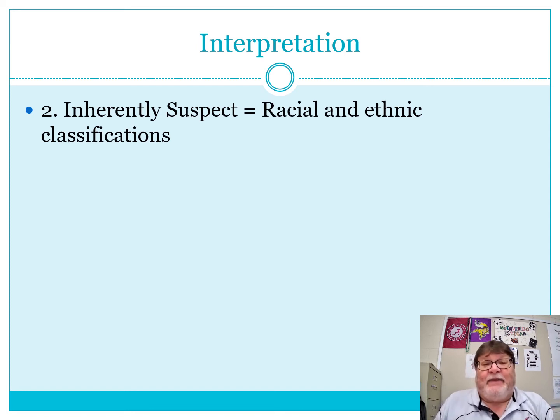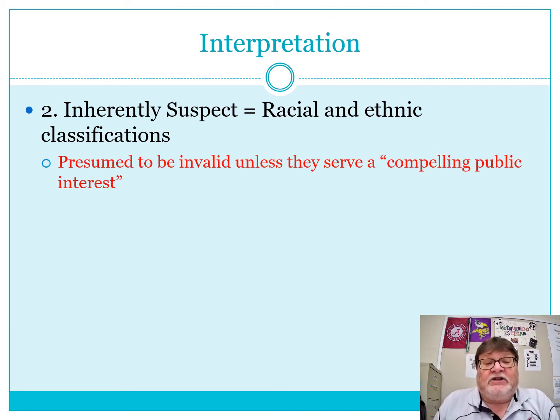It's called inherently suspect. This is where racial and ethnic classifications, racial and ethnic discrimination fall under. If there is a law out there that discriminates based on race or ethnicity, it is automatically thought of as unconstitutional, presumed to be invalid unless, in the words of the court, there is a compelling public interest.